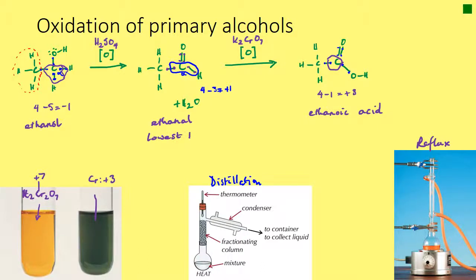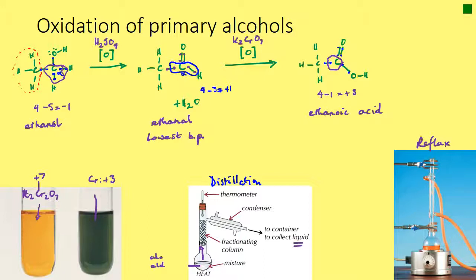So this would be the lowest boiling point, and so this reaction mixture would have your alcohol in there, would have your aldehyde in there that you're making, and also your oxidizing agent. And so what would happen is your aldehyde would evaporate off and would be condensed, and you would collect it in your container for condensing it.